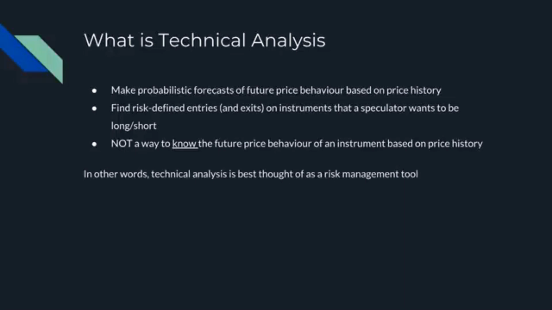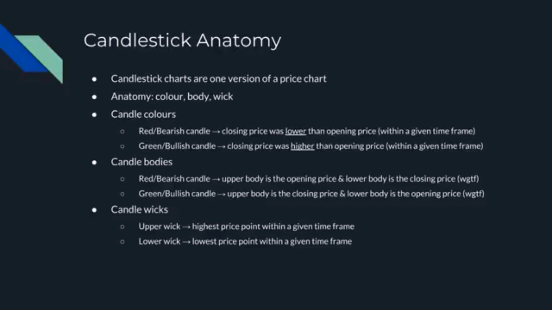That's not it. It's much more of a humble science than that. Because of that, in my opinion, technical analysis is best thought of as a risk management tool, and that will be elaborated upon in the second lesson, which is on risk management. We'll leave that there, and let's jump into the actual topic.